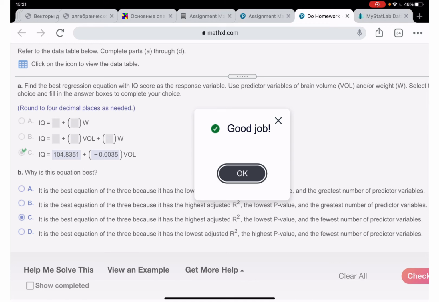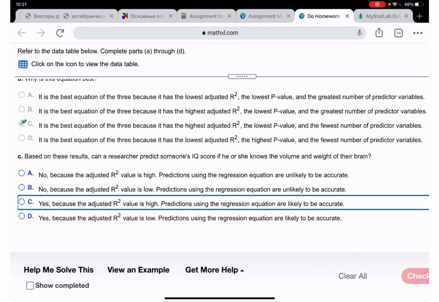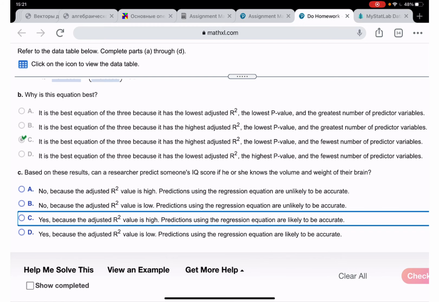All right. And based on this result, can a researcher predict IQ score if he or she knows the volume and weight of their brain? No, it can't, because adjusted R squared value is low.